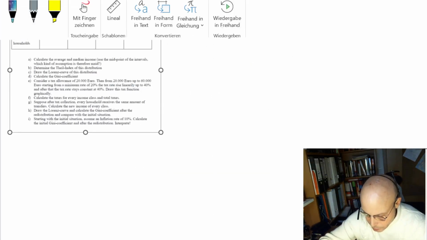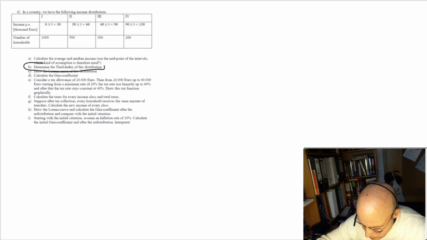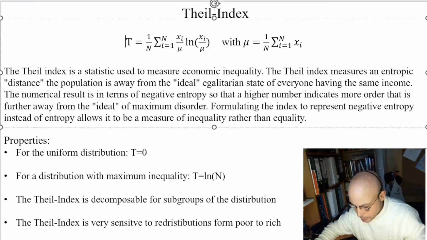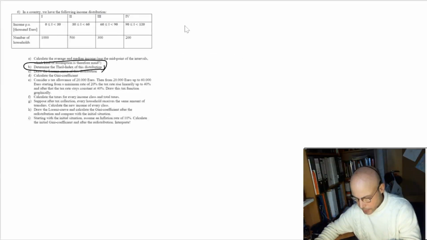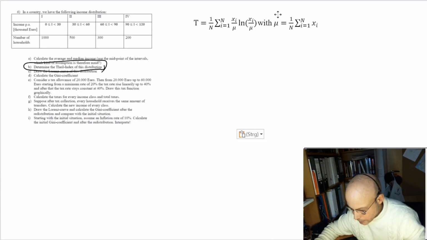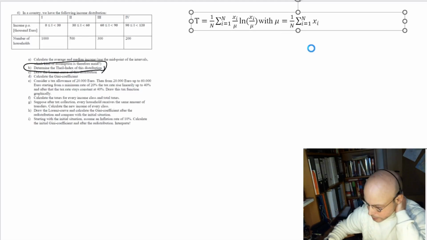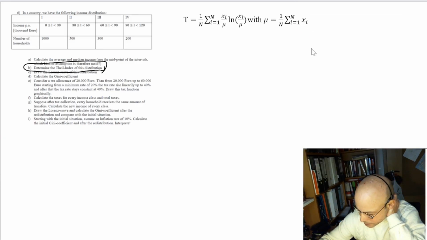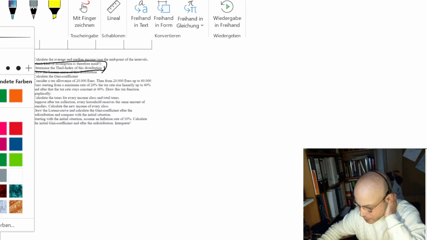And what we want to do is the Theil index was this one. Let's take this one here. So what we then need is that we, of course, at first, or if you have done it as a homework, maybe you can help us.